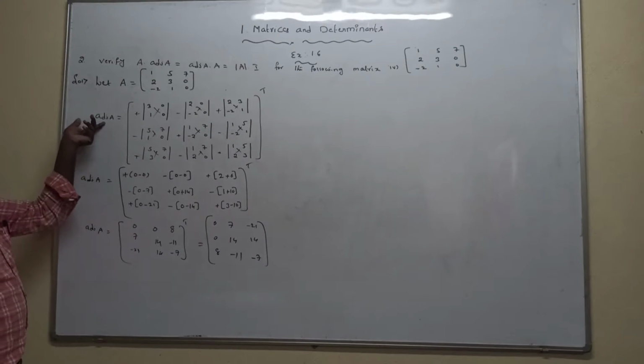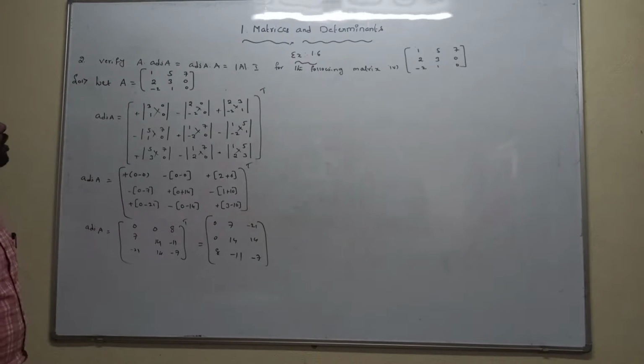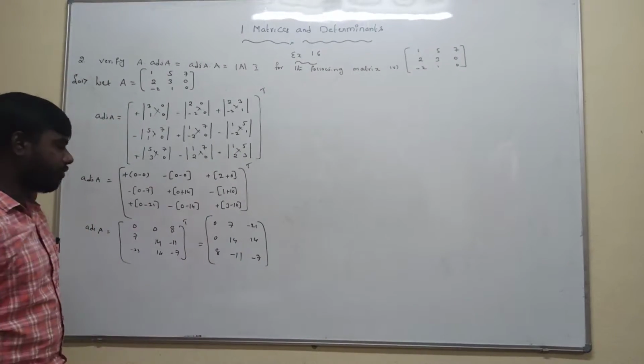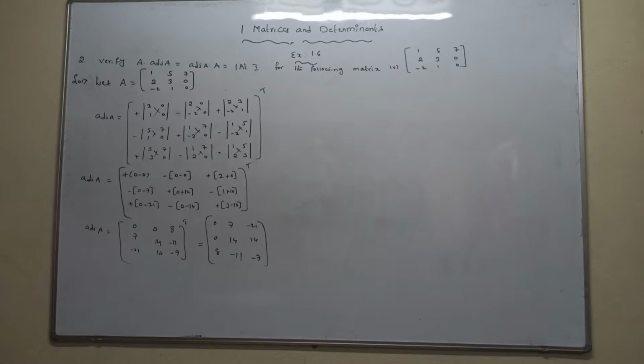First we need to calculate the adjoint of A. After that we need to calculate A into adjoint of A. The adjoint of A matrix is 0, 7, minus 21, 0, 14, 14, 8, minus 11 and minus 7.